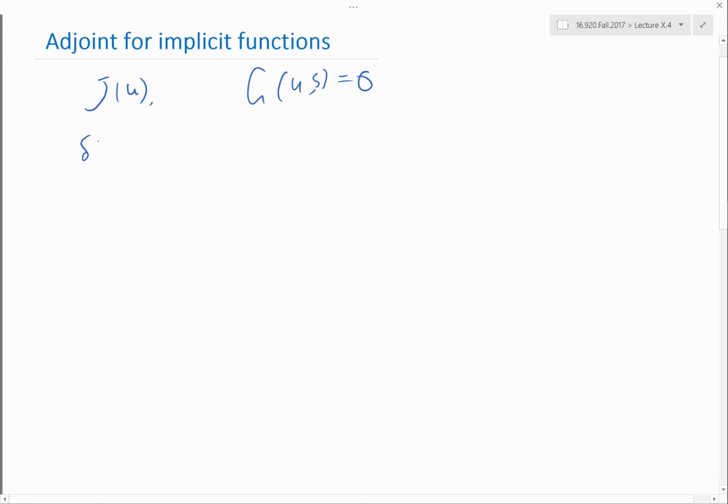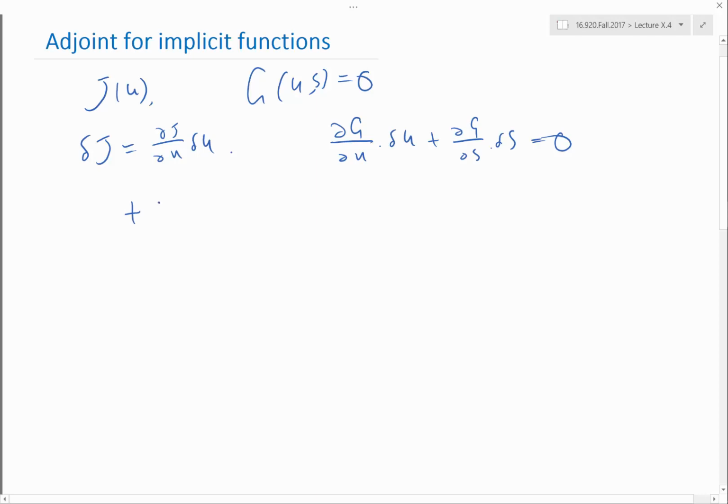So first of all, you still linearize: delta J is equal to partial J partial U times delta U. And you linearize this relationship to be partial G partial U times delta U plus partial G partial S times delta S equal to 0. And you can do the Lagrange multipliers with no problem at all.